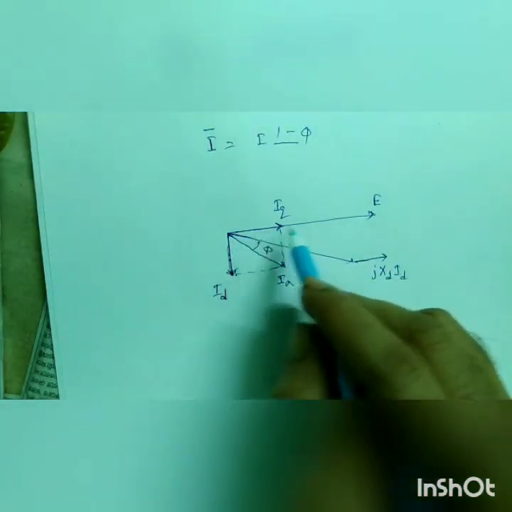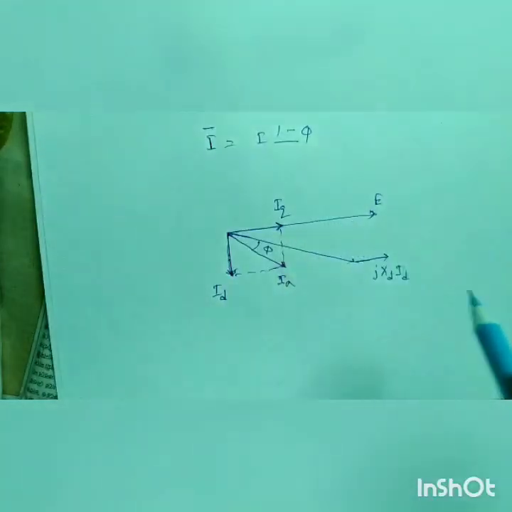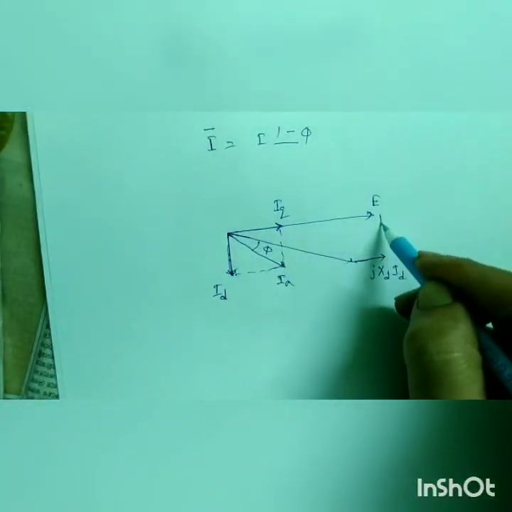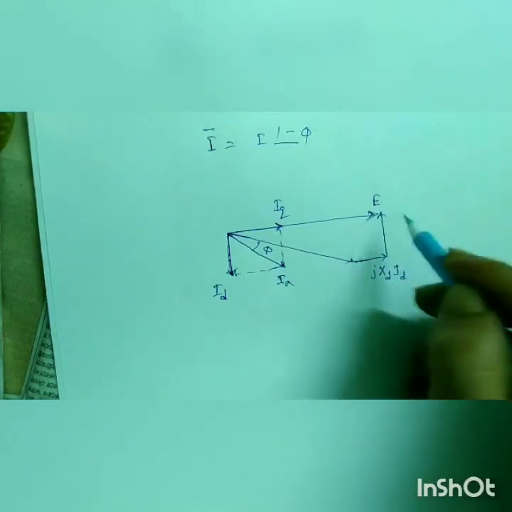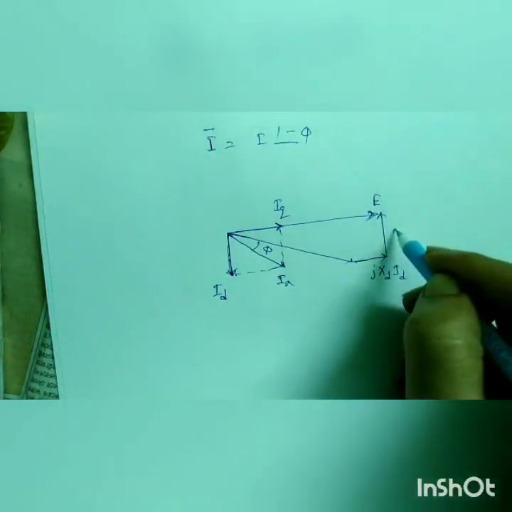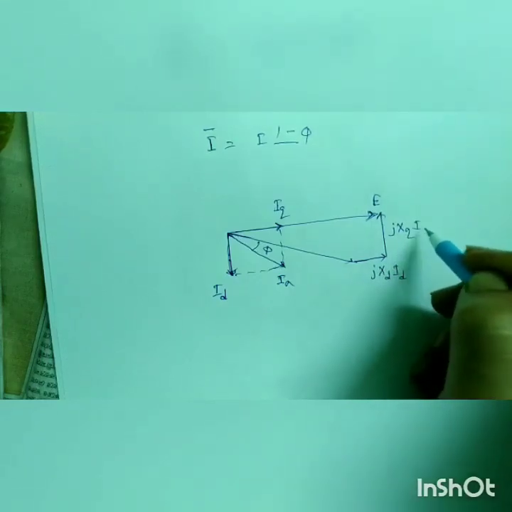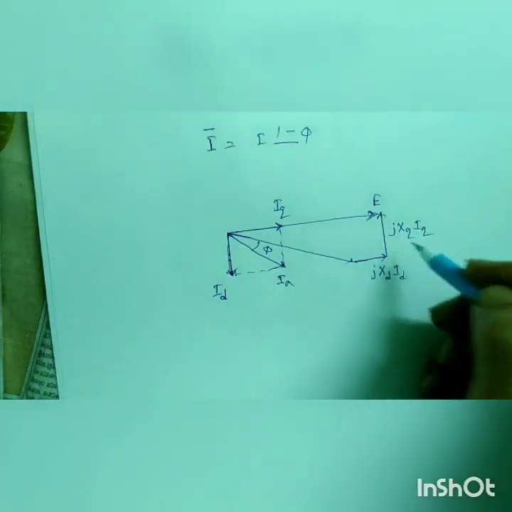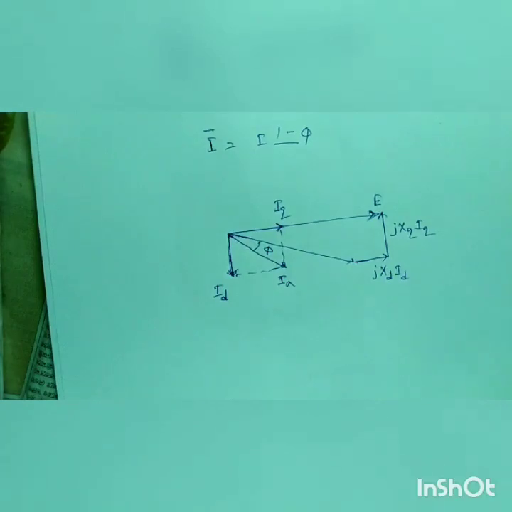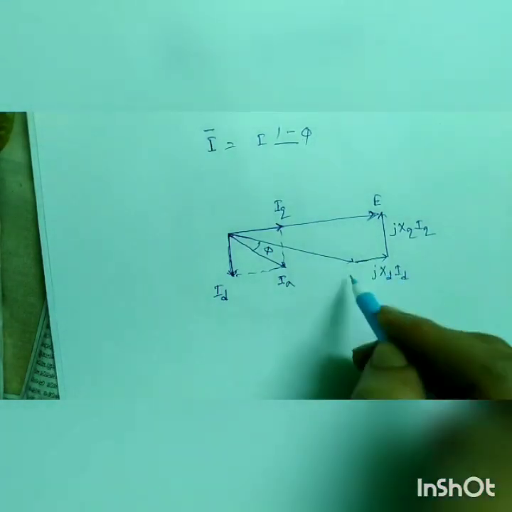And for quadrature axis reactance, the voltage drop will be like that, j XQ IQ, that is V.